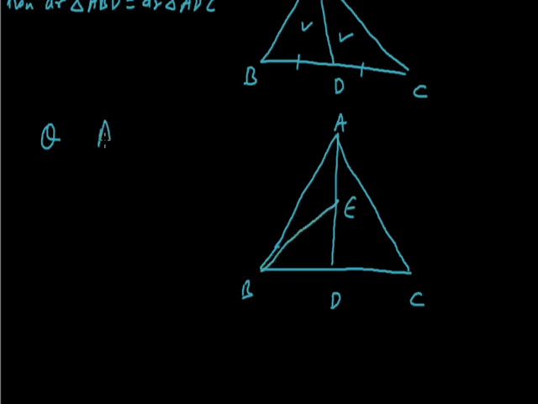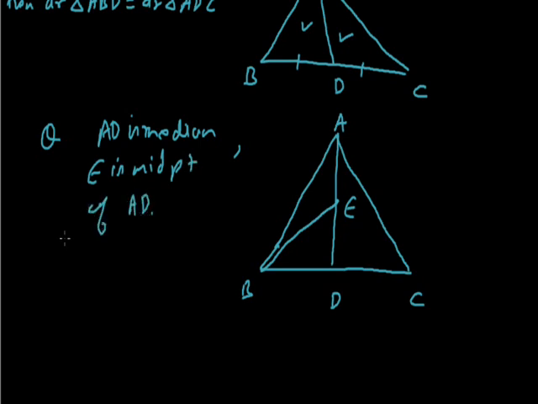In this question we are given AD is median and E is midpoint of AD. So find the ratio of the area of triangle ABC to the area of triangle ABE. We have to find the ratio of area of triangle ABC to the area of triangle ABE.